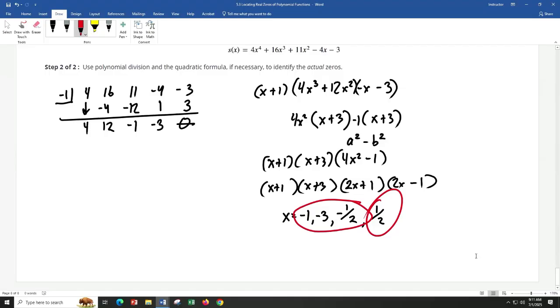Now, let me show you something really quick that's going to happen, and you're going to get a lot of things wrong. I will show it through an example. Let me come over here to the side real quick. Pretend. We're going to use some make-believe. Let's say you do some factoring, and you get something that looks like this, x squared plus 1. Here's x plus 1, here's x plus 3.